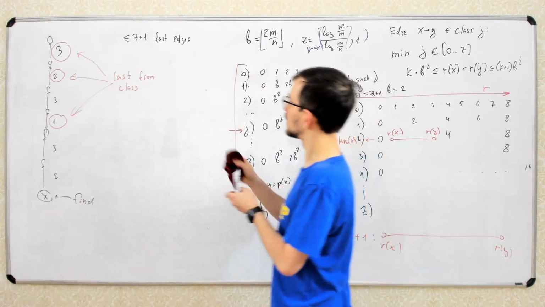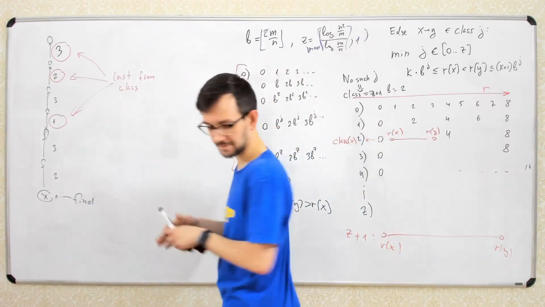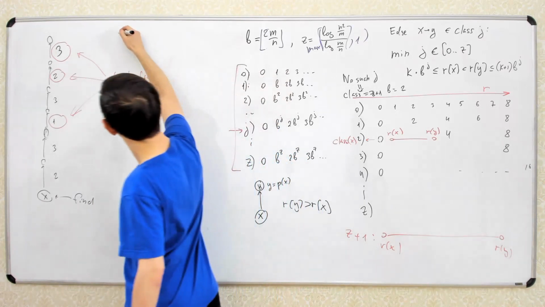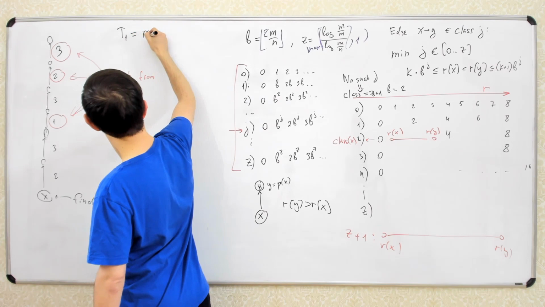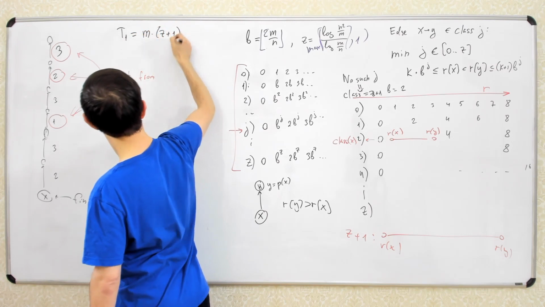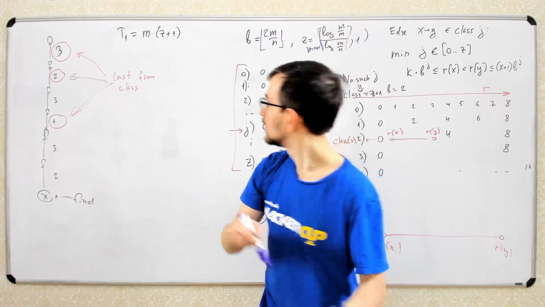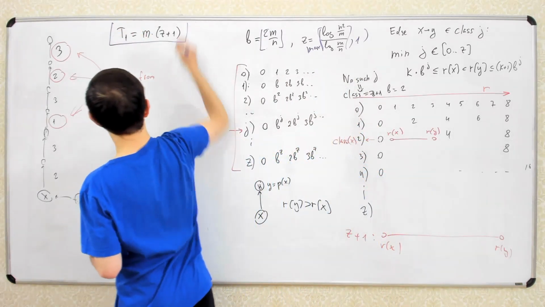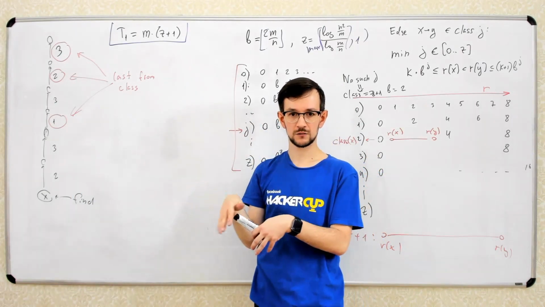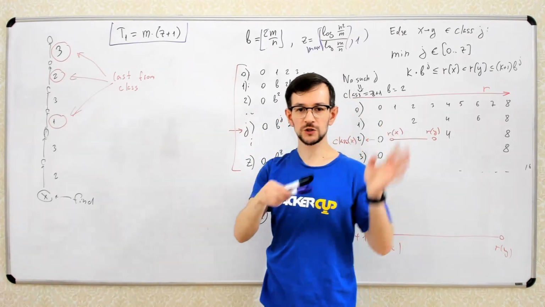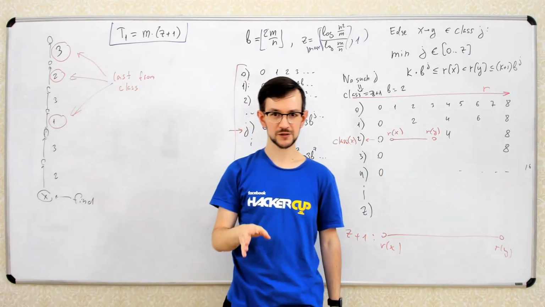So in total we have, let's say, t1 equal to m multiplied by z plus 1. So this is the first thing we will add to the total time complexity. For the total time complexity, first we calculate all these last edges from the classes.